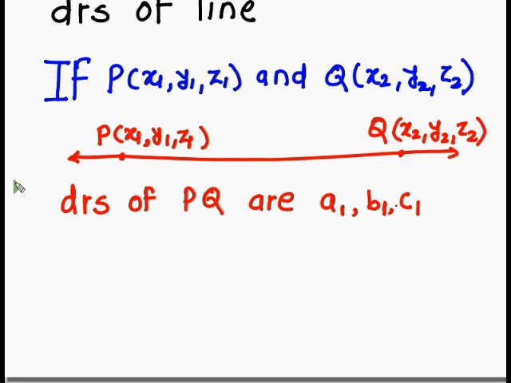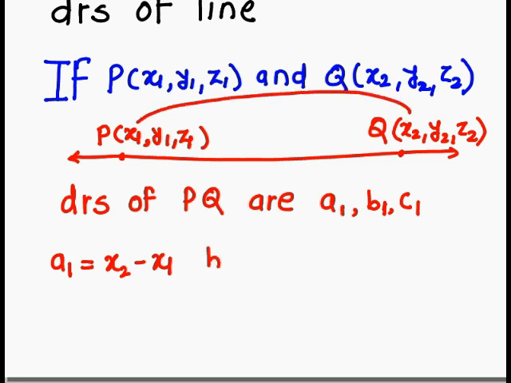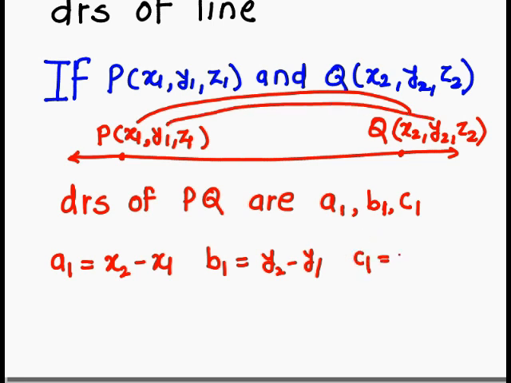If the DRs of this PQ are A1, B1, C1, then we can find A1 as x2 minus x1, that is the difference between the x coordinates. B1 is equal to y2 minus y1, the difference between the y coordinates, and C1 is equal to z2 minus z1, the difference between the z coordinates.